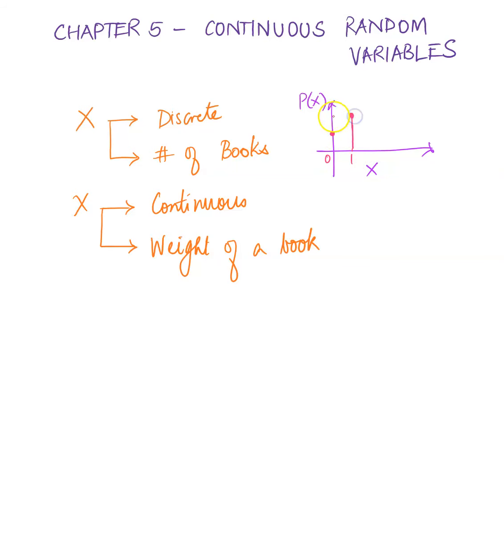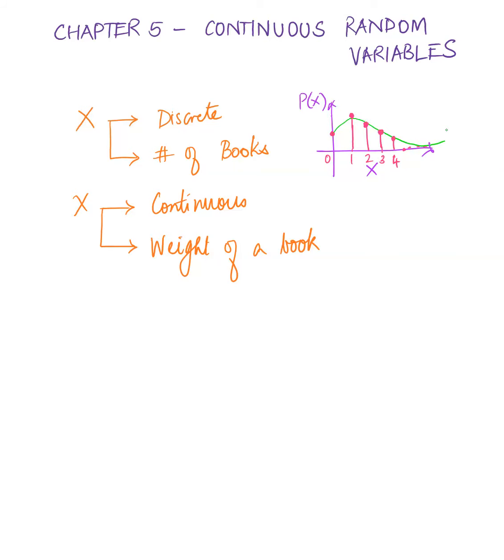I'm putting the dot there so that you can correspond it to the p of x function. Then you had 2, it was something like that. I'm just making up my own, okay? And after that, it was all very, very close to zero. So you can roughly draw a bell-shaped graph around this, right? It is right skewed, it seems.